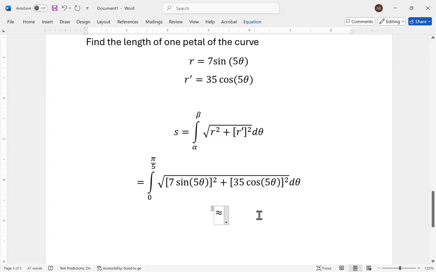When I let my calculator do the thing, I ended up with about 14.71 as the length of one petal of that rose curve.